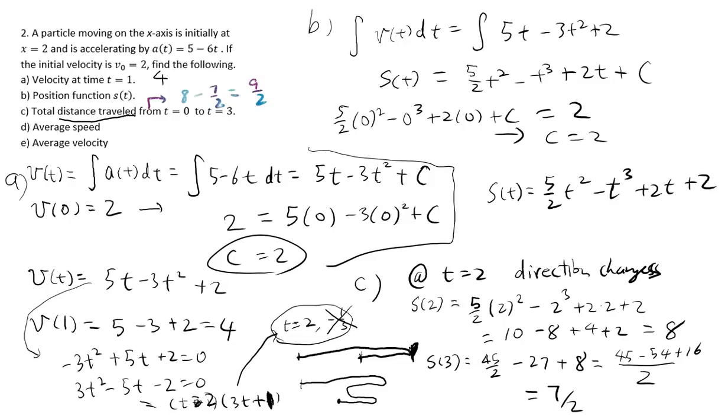And also, the distance between the initial position and the turning position would be 8 minus 2, which is 6. And you have to add these two, which is 12 plus 9, 21 over 2. So 21 over 2 would be the actual answer to this part C.